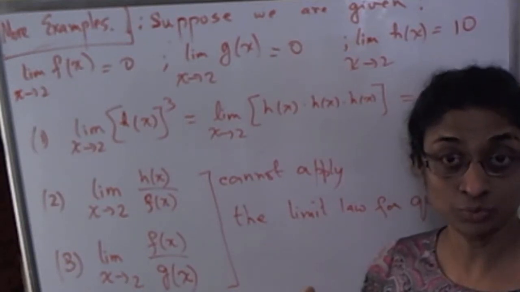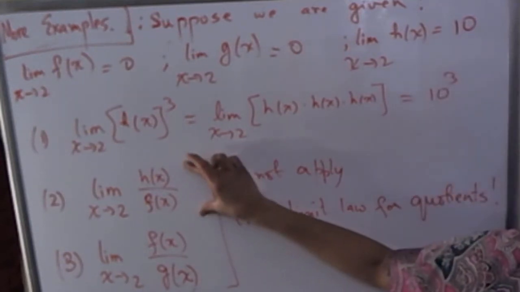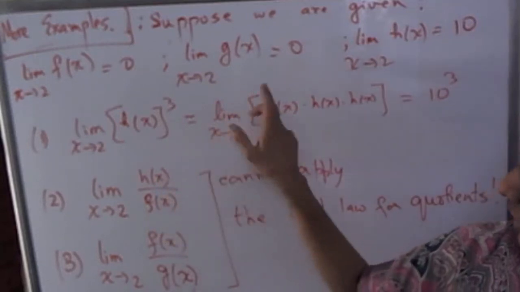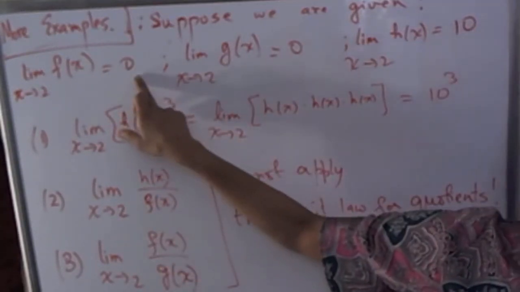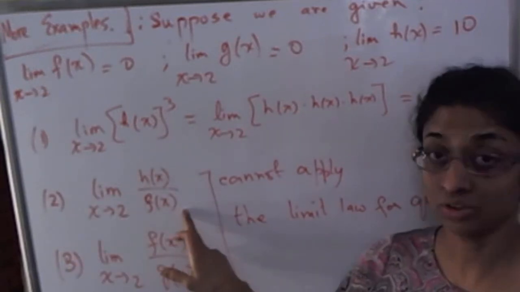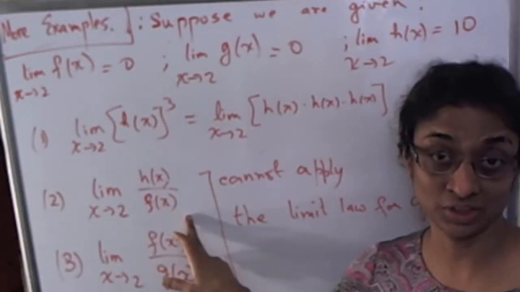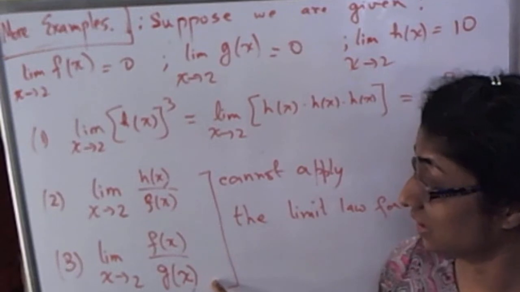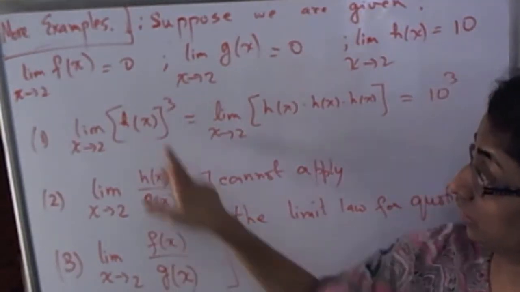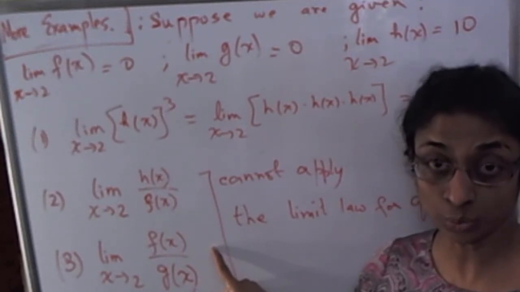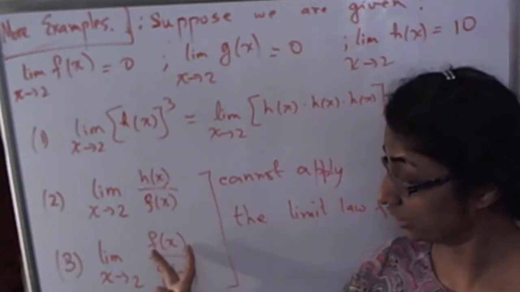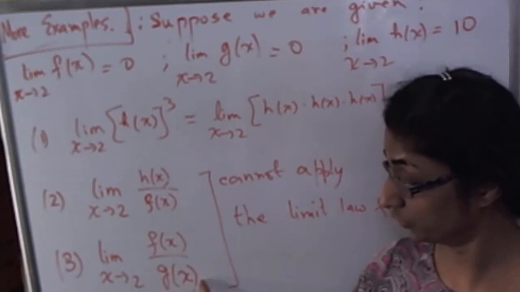In a future video, you'll see that for this scenario, where the limit of the numerator is a constant number, but the limit of the denominator is the one that's 0, we will see such a limit does not exist. We'll postpone the discussion to another video. And in a scenario like this, where the limit of the numerator is 0 and the limit of the denominator is 0, we'll postpone the discussion to another video, where we will actually have formulas for f of x and g of x.